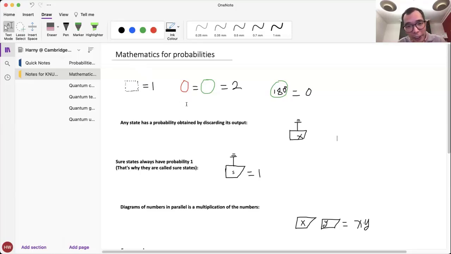And a single red circle or green circle represents the number 2, and these two spiders have no face, or phase 0.